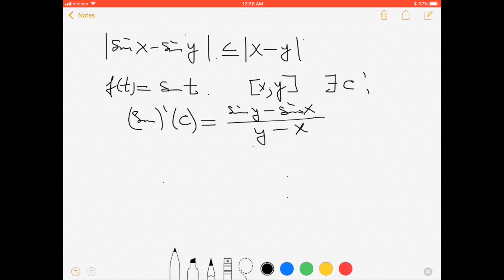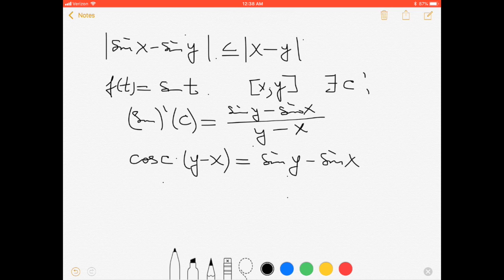We use the mean value theorem. But what is the derivative of sine? It's cosine. This means cosine c times y minus x equals sine y minus sine x.